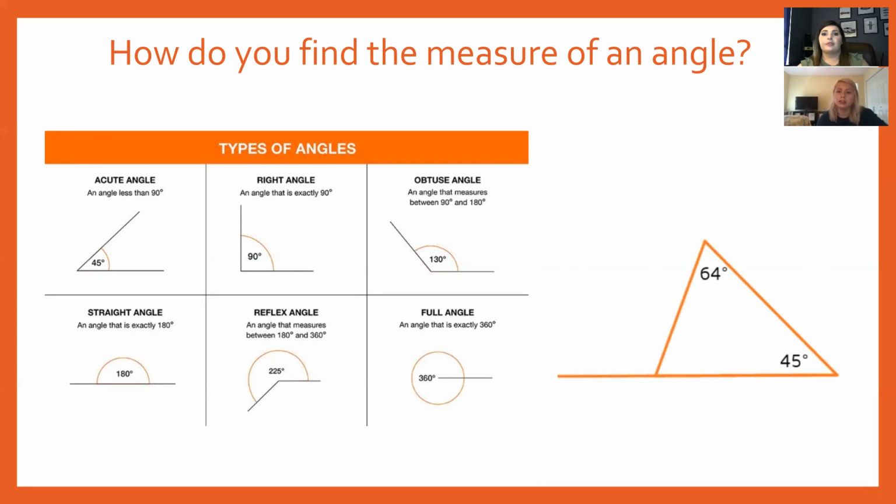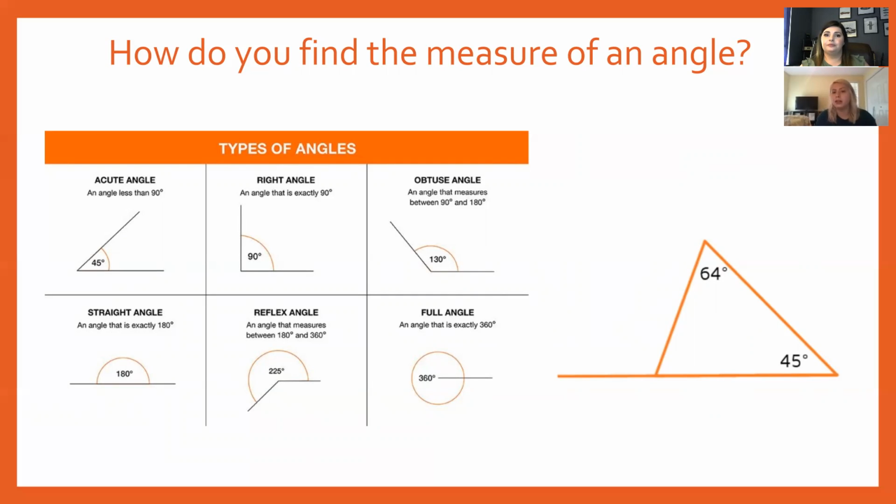Thinking about our straight angle and how it's 180 degrees, it's a straight line, but not necessarily, it's half of a circle. And our full angle would be technically a full circle around.